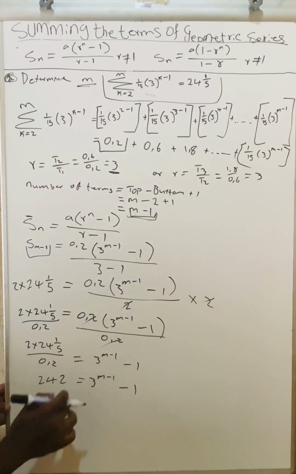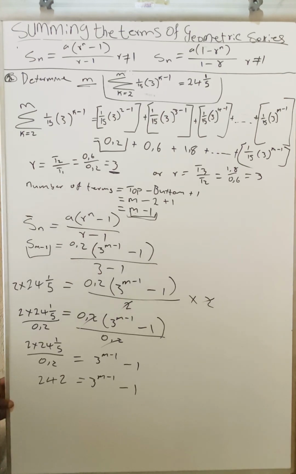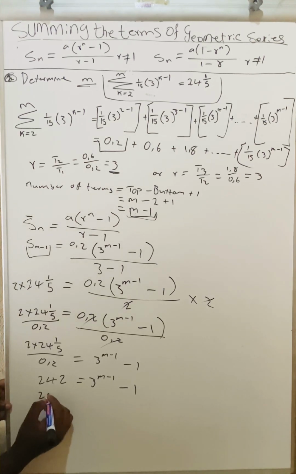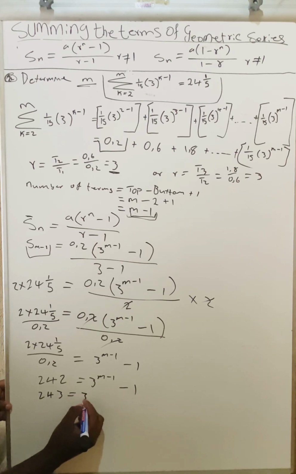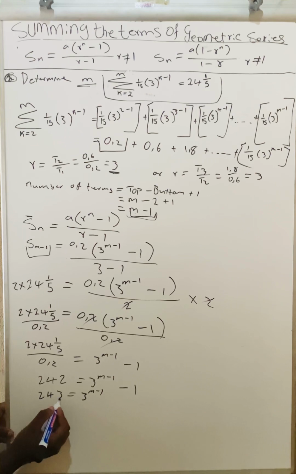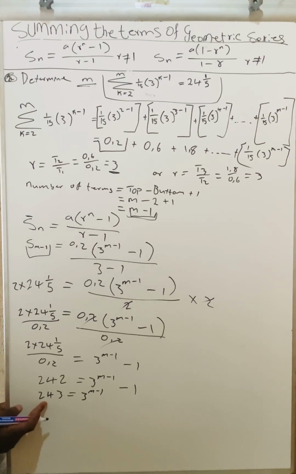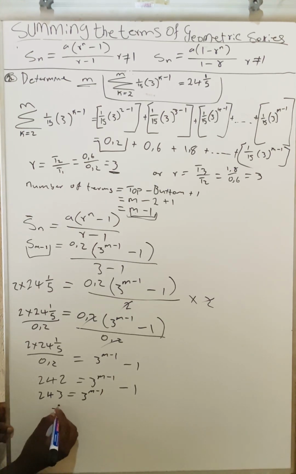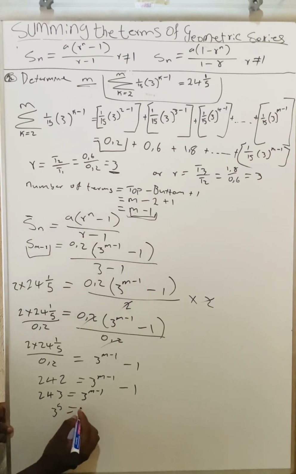Then you take this one to the other side, it will change the sign, it will be positive. It will be 242 plus 1, 243, is equal to 3 to the power m minus 1. Then from here, you will change this to exponents. It will be 3 to the power 5 is equal to 3 to the power m minus 1.